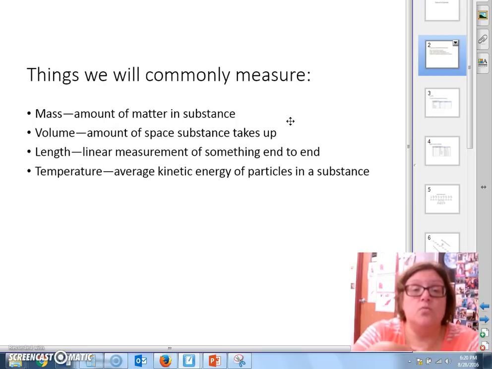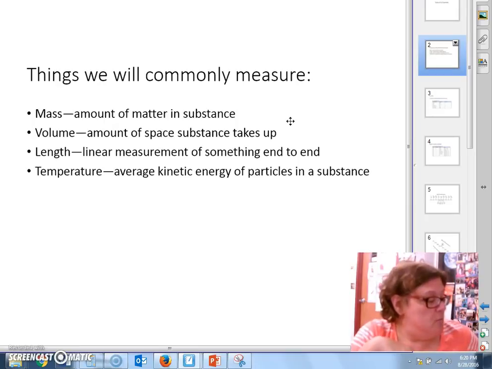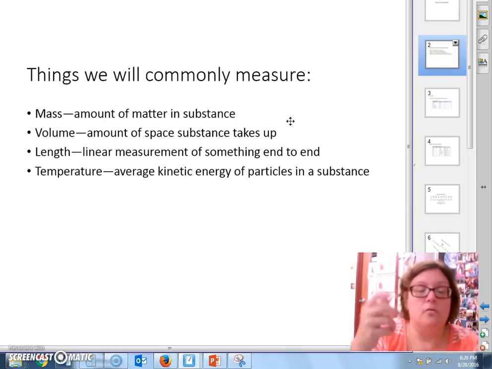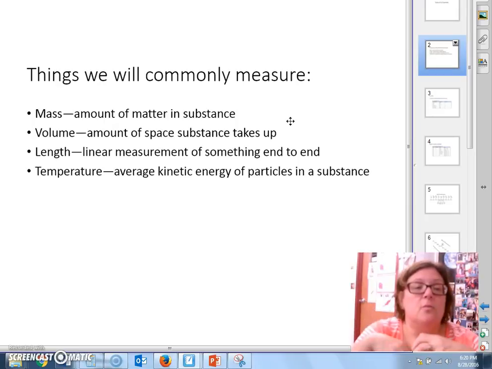And that is where they have a kilogram mass, and that is the basis for all kilograms. They have a meter-long rod. That is the basis for all meters. And volume is calculated, if you take length times width times height, and they use that standard meter to calculate that.